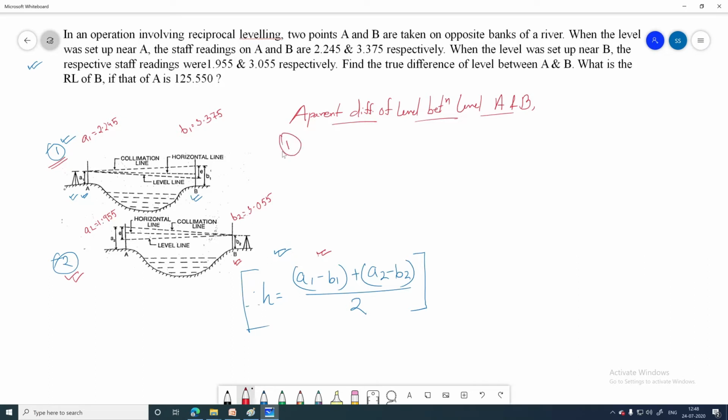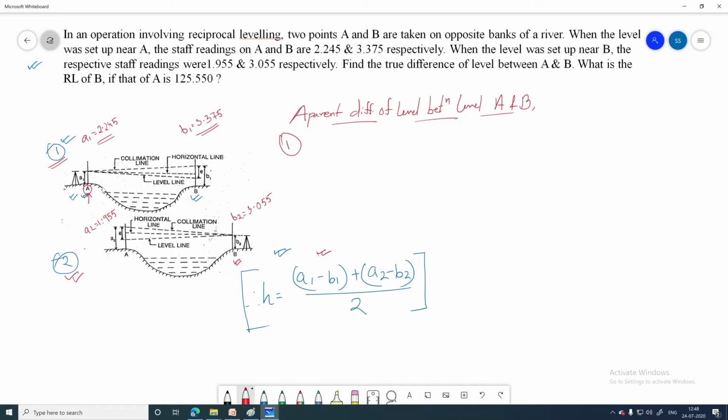The apparent difference of level between points A and B is 3.375 here and 2.245 here. That means A is actually in a higher place, that is why the staff reading is lesser compared to point B. Here the value of B1 is 3.375, that means the depth here is higher compared to A1.